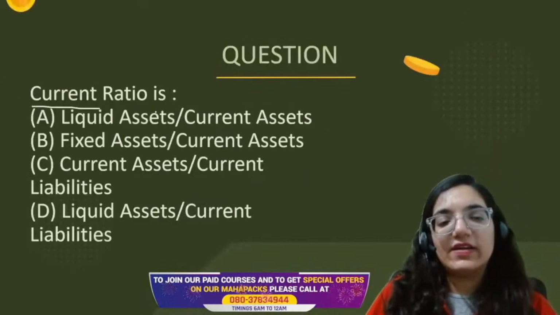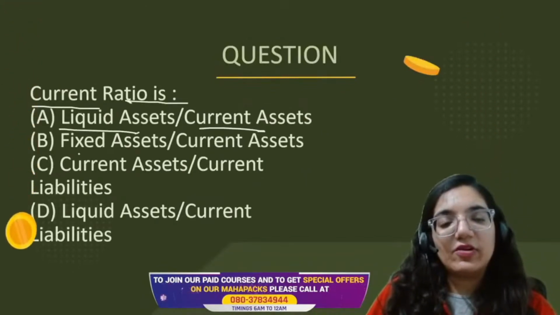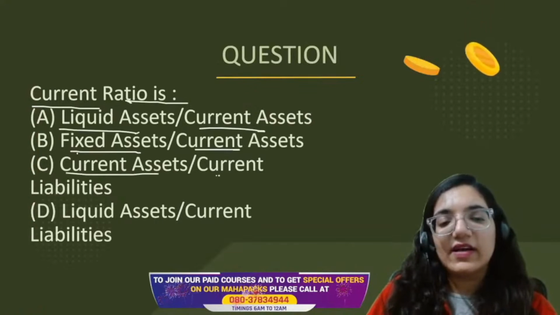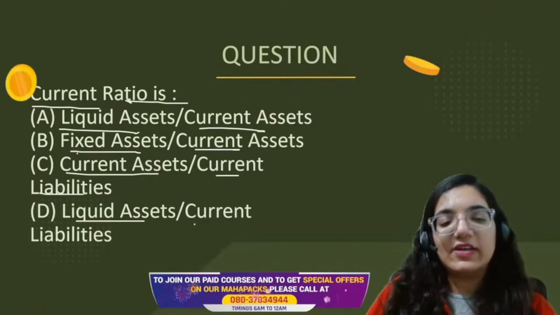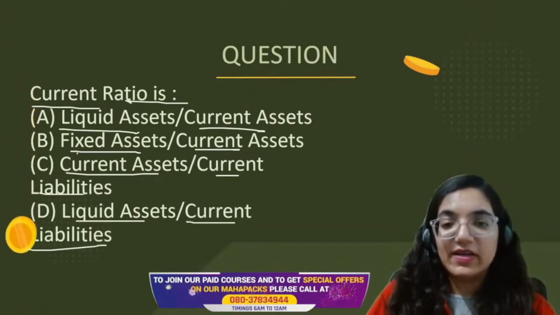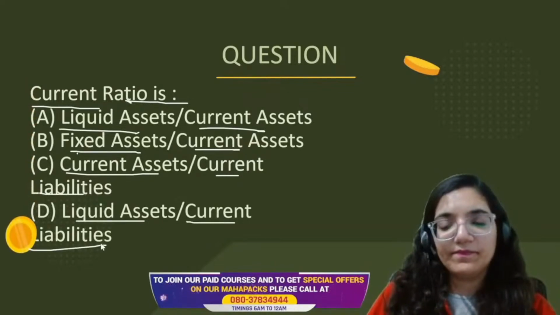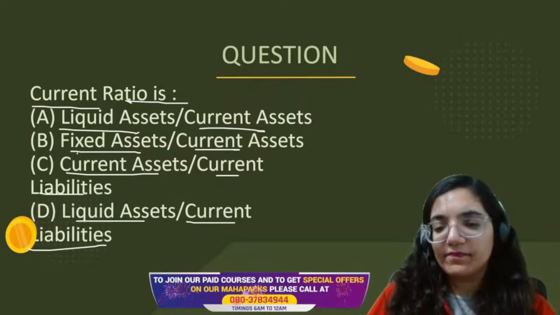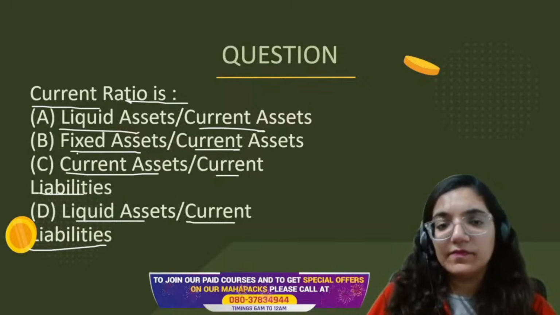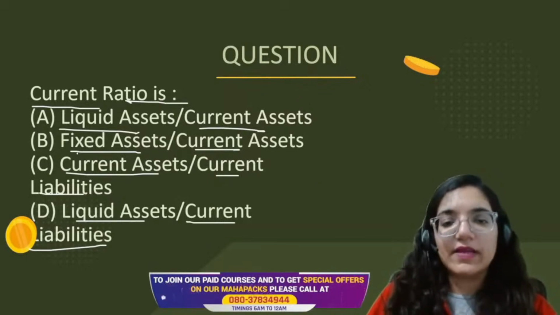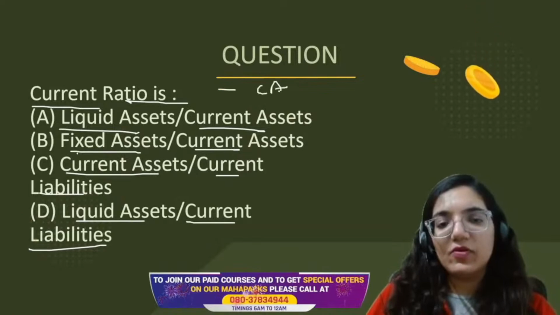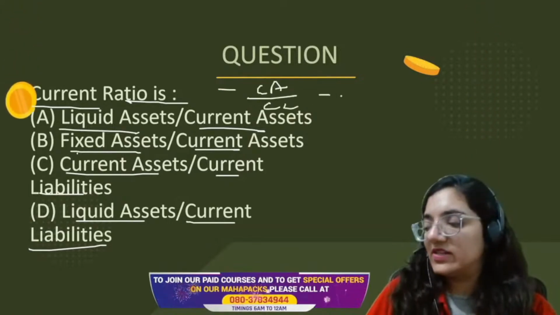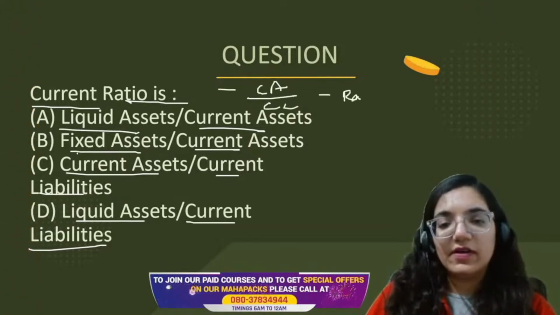Next ratio. Current ratio is liquid assets upon current, fixed assets upon current, current upon current liabilities, or liquid assets upon current liabilities. What would be the correct answer, everyone? Current assets is CA upon CL, which is expressed in the form of a ratio.